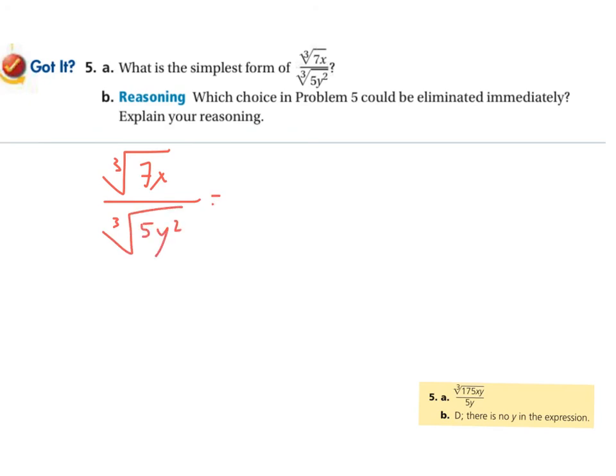So I had to think to myself, what is that well-chosen 1 going to look like? We're multiplying here. Well, I know that to create a perfect cube from y squared, I'd need another y, right? And to create a perfect cube from 5, well, I need to multiply by 25 to create 125.